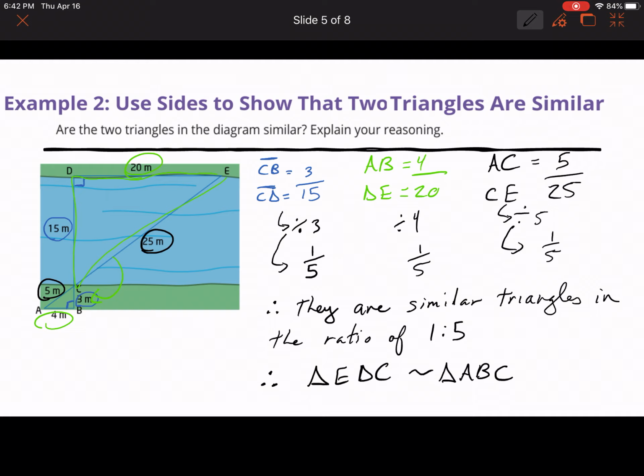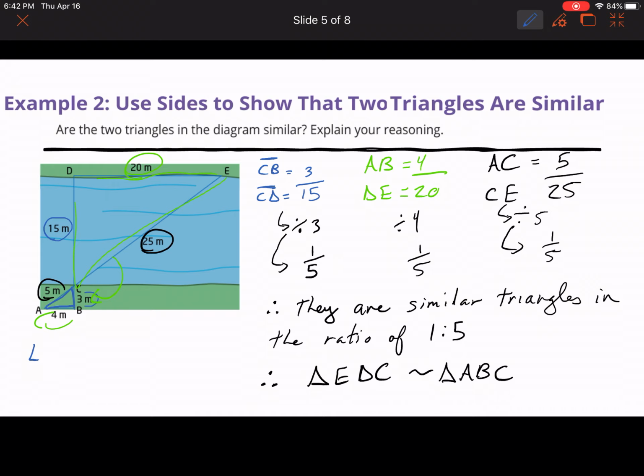Since the triangles in example 2 are similar, their corresponding angles are equal. Again, I wrote in that this was a right angle, but I don't know that, so I can't really do that. I was just trying to show you that that angle equaled that other angle. But because we've already proven that they're similar triangles, we now have proven that their angles are going to be equal.